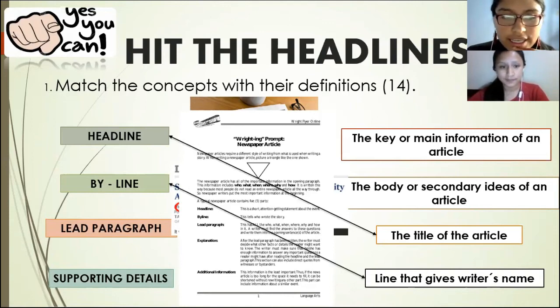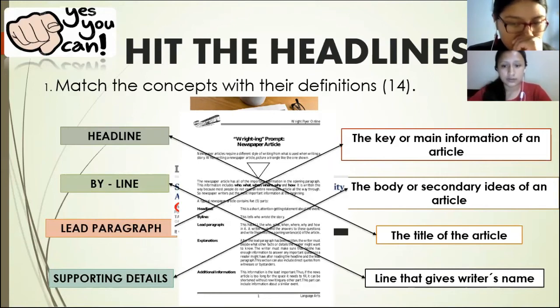Yes. And the next one? Lead paragraph, the key or main information of an article. And the last one? Supporting details, the body or secondary ideas of an article. Yes, well done.